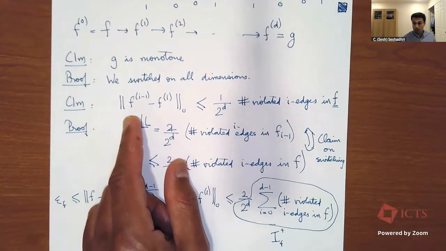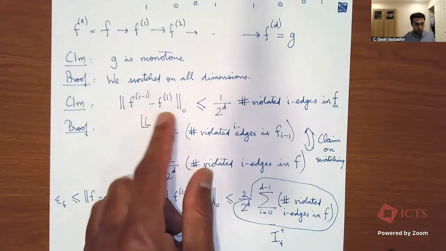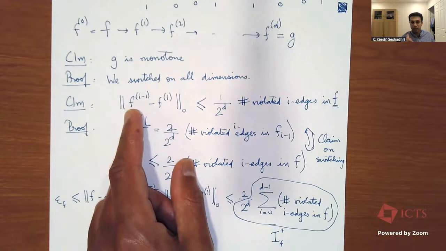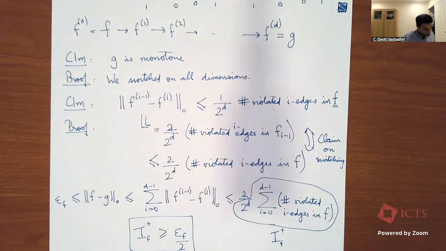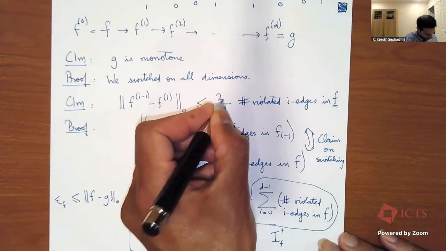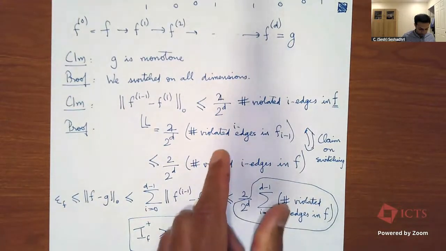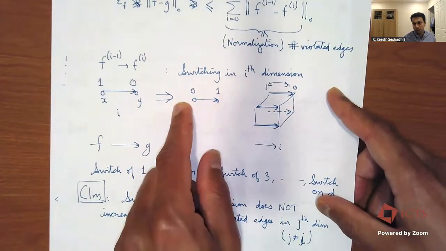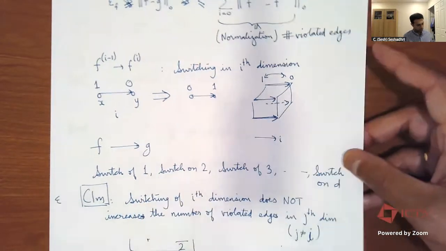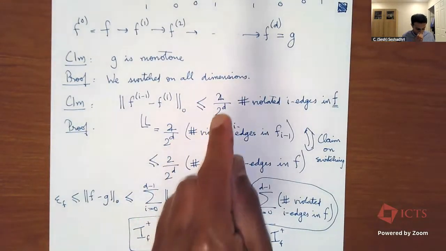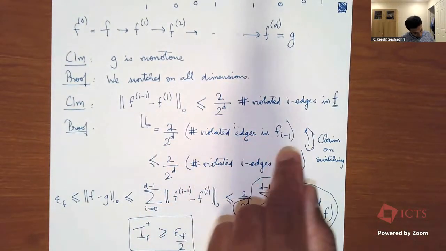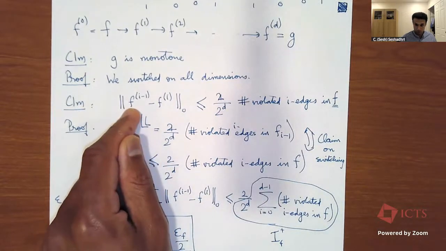And the second important point is when you switch on the ith dimension, the number of changes you make is, I should say, 2 times the number of violated edges, right? Because every time you have a violated edge, you change 2 points. So it's exactly 2 times the number of violated i edges, these i-dimensional edges, in Fi minus 1, in the function that you're switching.